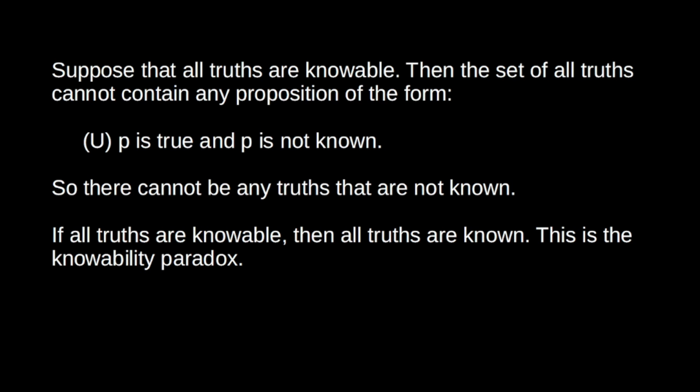The reason is that it cannot be known. In principle, it is impossible to know this, because knowing this would entail a logical contradiction. So if all truths are knowable, then the set of all truths cannot contain any proposition of this form.